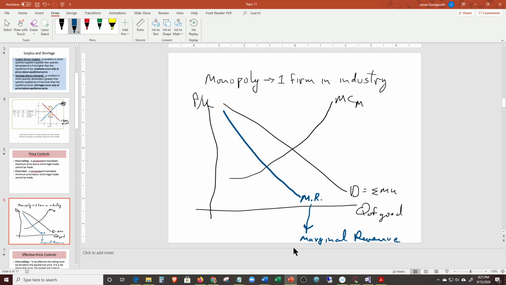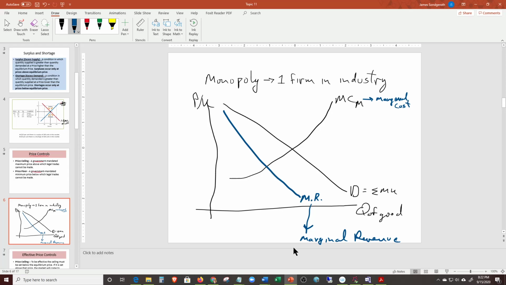This is average revenue. As the output is increased and they sell it, they have to lower prices on all the previous units they sold, and so marginal revenue falls. This is marginal cost, the additional cost of producing an additional unit.